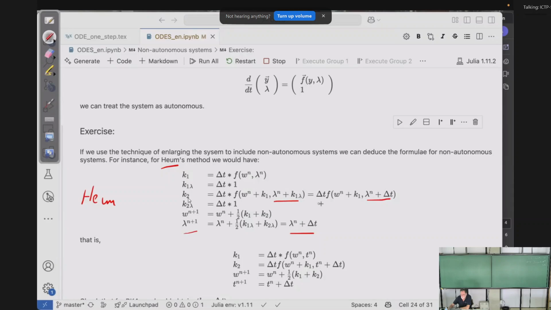So here you see that you have the full step. So when you write down the full system with the time included, it is omega n plus K1, at t n plus delta t, and this way.